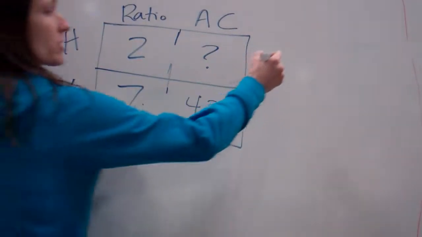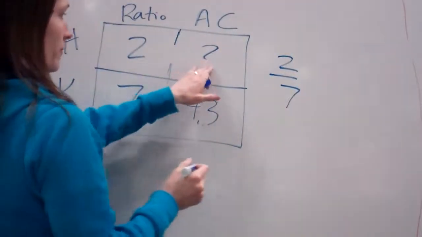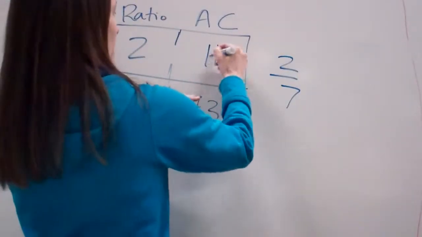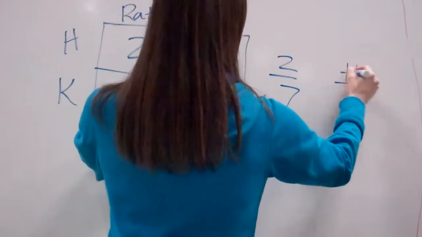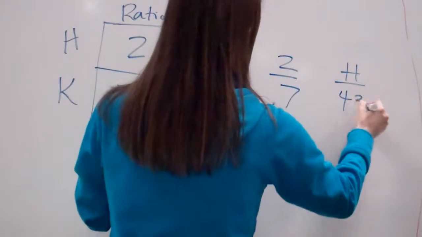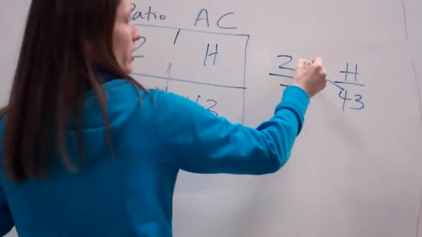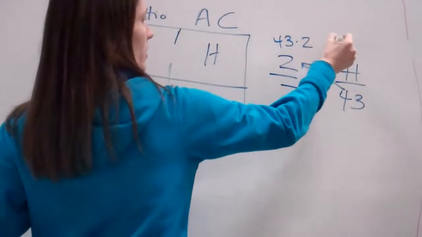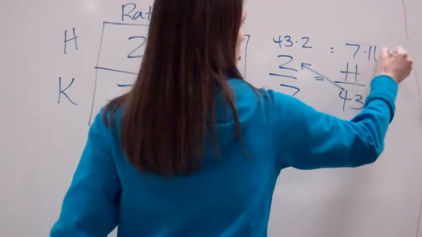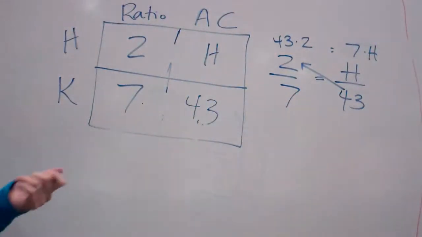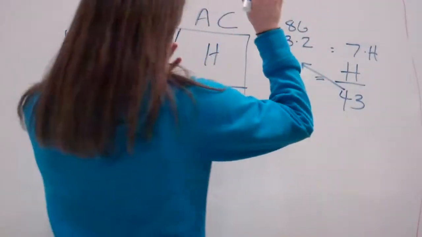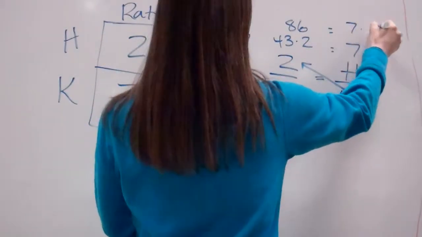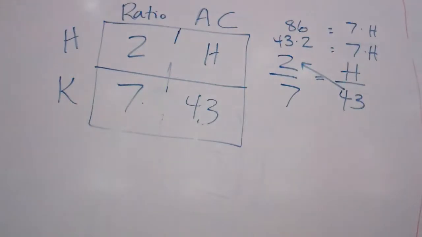So what you would have to do is go 2 over 7 is, let's put an H there, over 43, okay? Then you would go 43 times 2 equals 7 times H, okay? And we would answer that: 86 equals 7 times H, and then I would divide that out, okay, and get my answer.